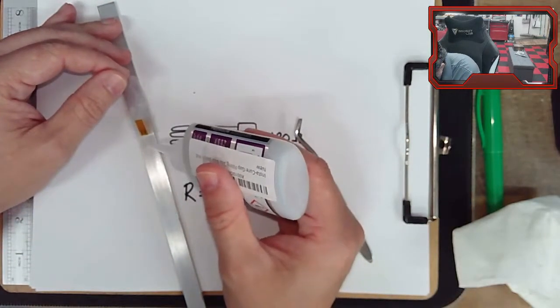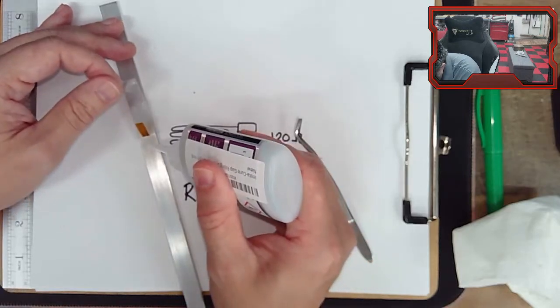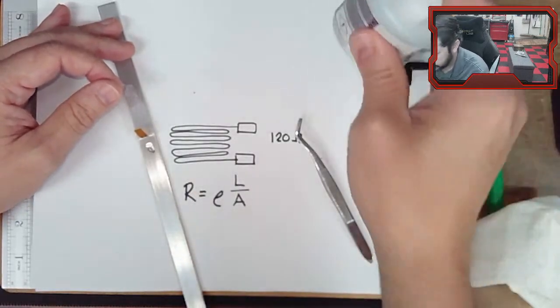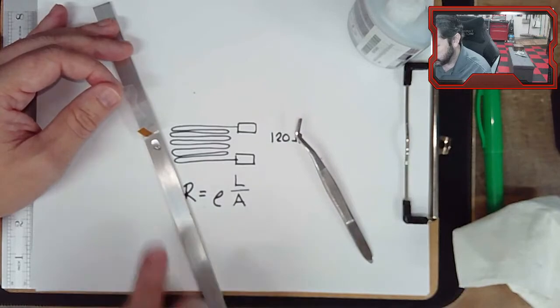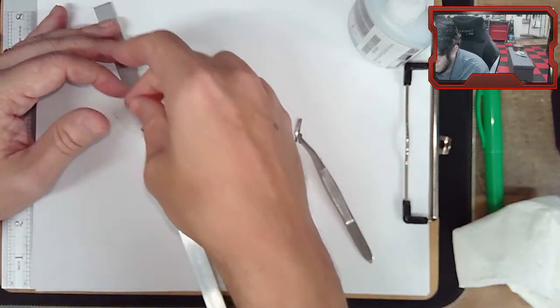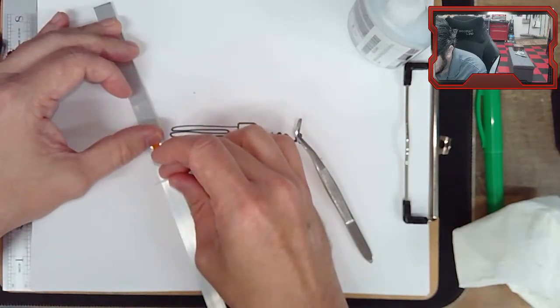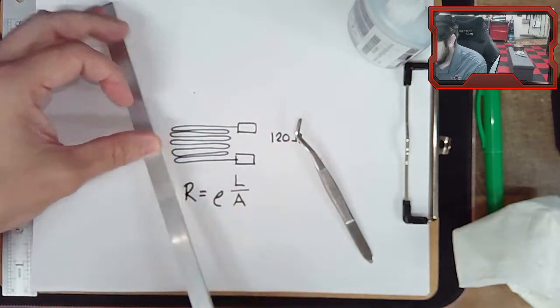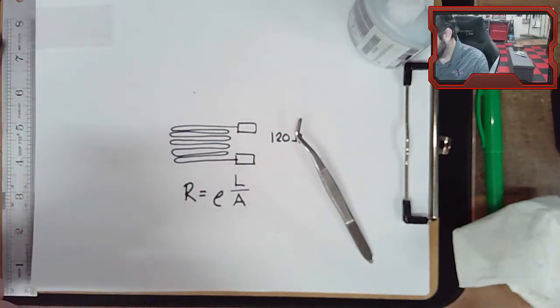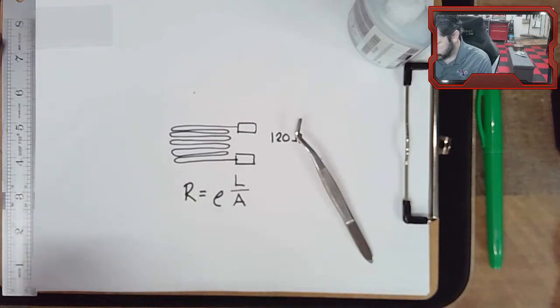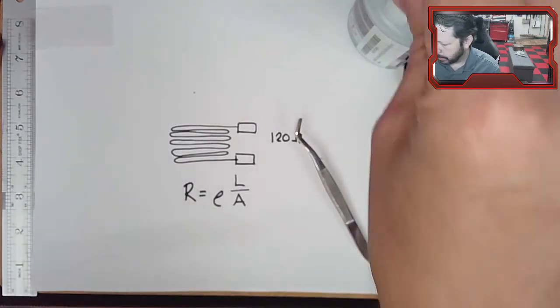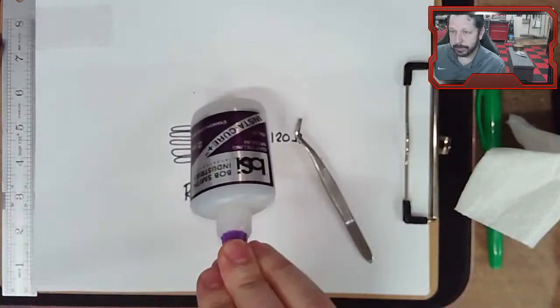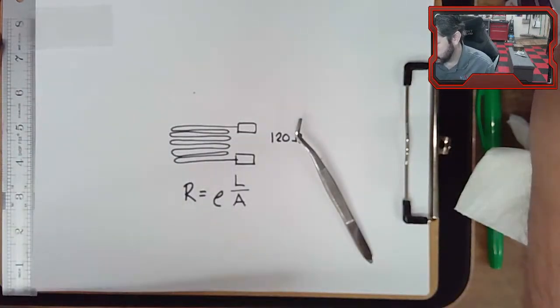So this is what we're going to use. I'm going to put a little dot of it right where the strain gauge is going to lay, and then I'm going to put it back down and hold it there for a little bit. Now, if you had some activator, they do make activator for even this kind of super glue that instantly cures it.